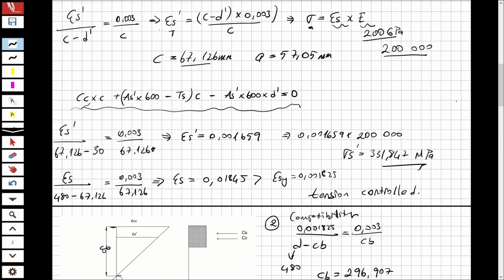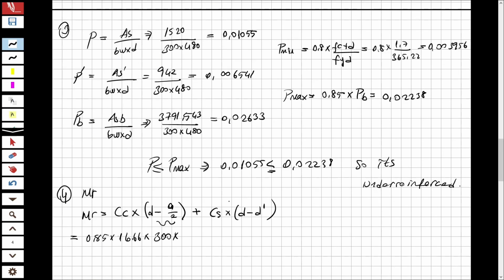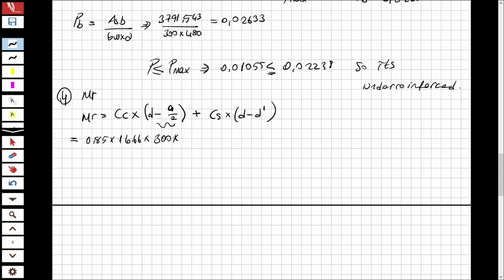So let's write it. This will be BW multiplied by A, 57.05 multiplied by 480 minus 57.05 over 2, okay, plus CS.